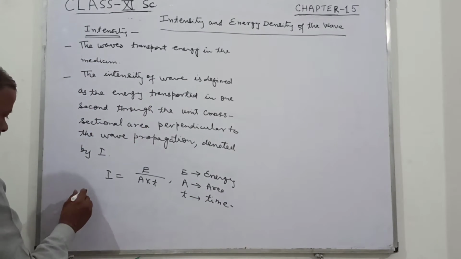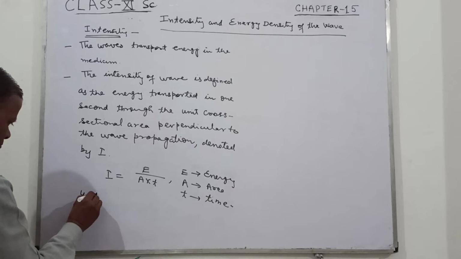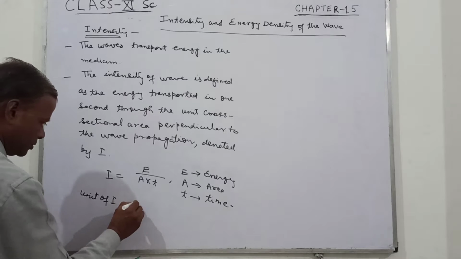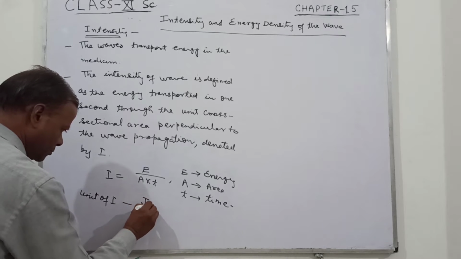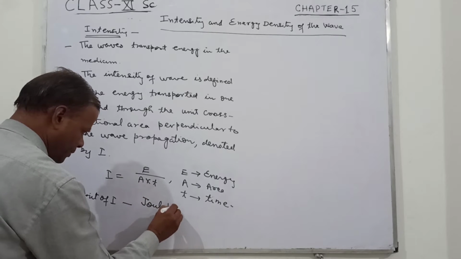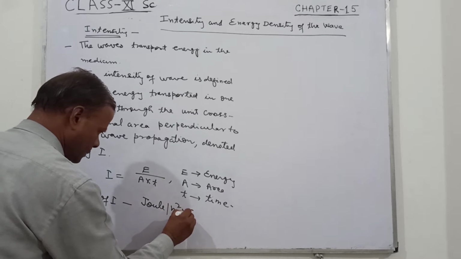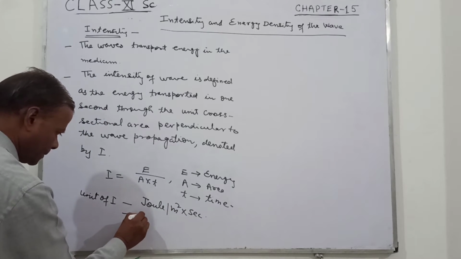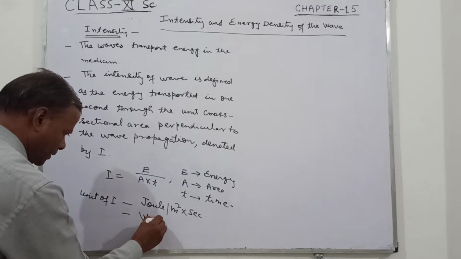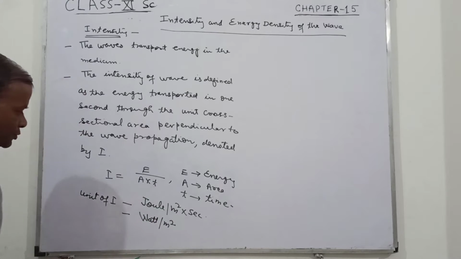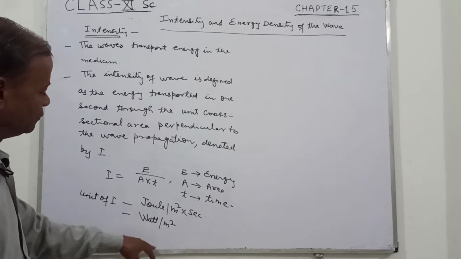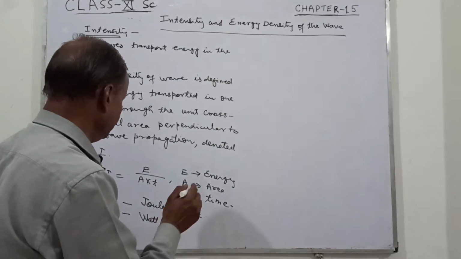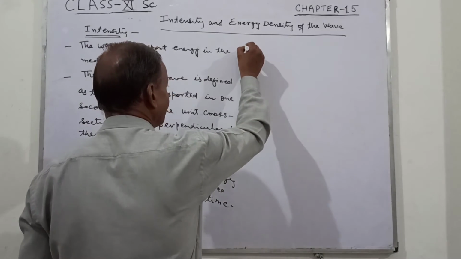So you can see that the unit of I is joule per meter square into second. So this is also watt per meter square. Joule per second is the watt. This represents the power.